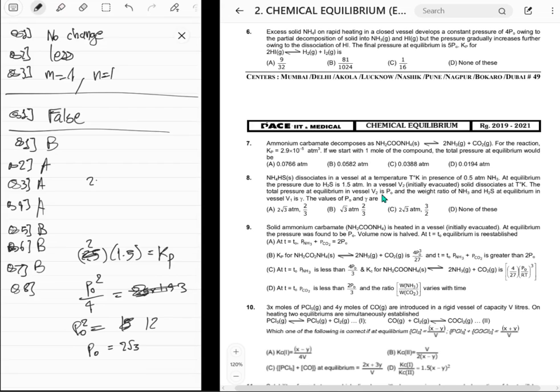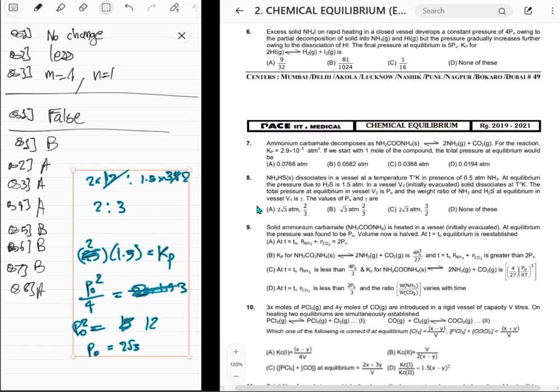So 2 times 17 is to 1.5 times 34. This is like 2 is to 3. So the weight ratio of this is to that, that's 2 upon 3. So it's A.